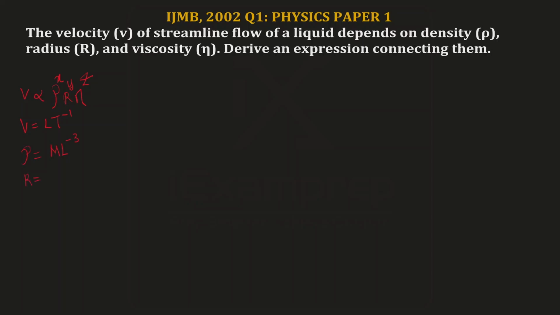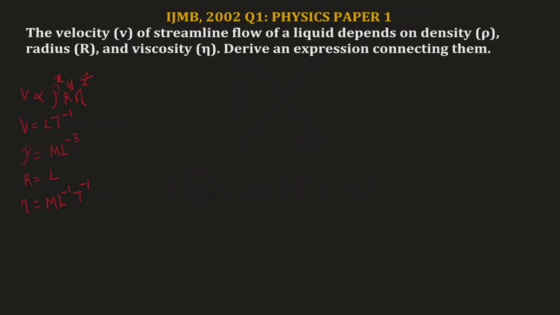Dimension for radius is L. Dimension for coefficient of viscosity is ML^-1T^-1. If you do not know how this is so, I recommend that you check our previous videos. We have covered things like this in previous videos.